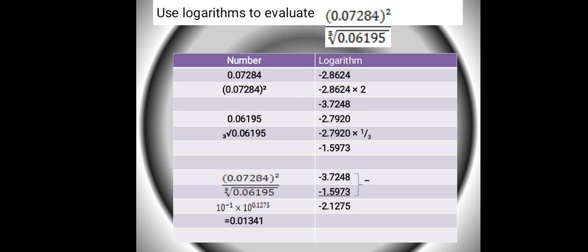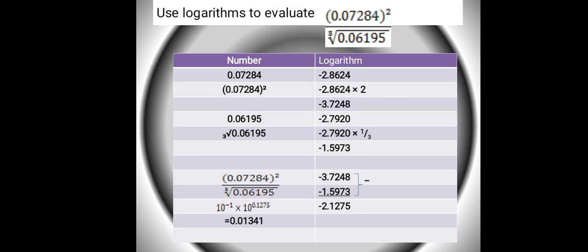Multiply by 2 for the squaring, it becomes 3.7248. Now, the logarithm of 0.06195 is 2.7920. To get the cube root of that number, multiplying by a third, we get 1.5973.